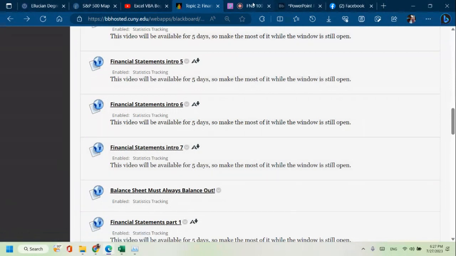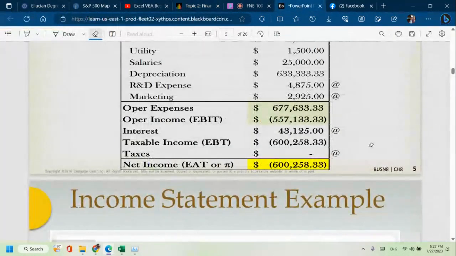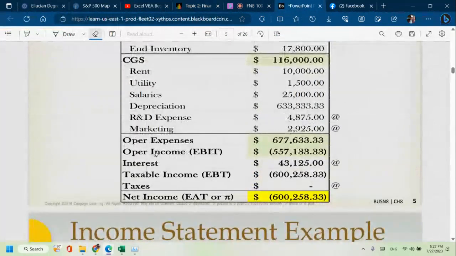Look, it's also called operating income, but earnings before interest and taxes is quite self-explanatory, right?